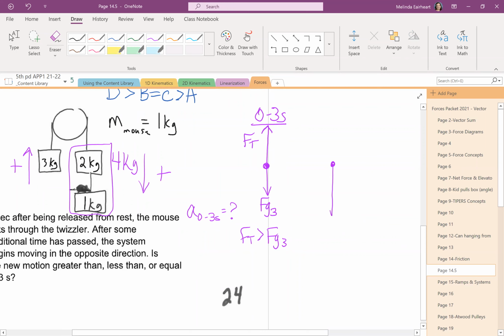I don't want it equal to the tension. It should be bigger than the tension if you want to accelerate in the downward direction on the right side, yes? And so FG4 is bigger than the tension.